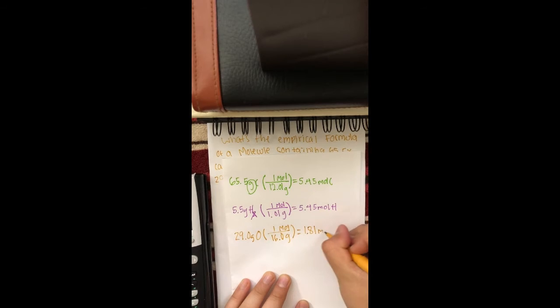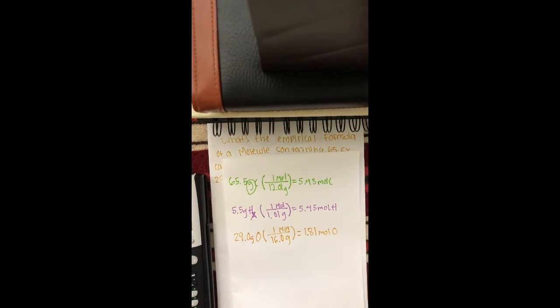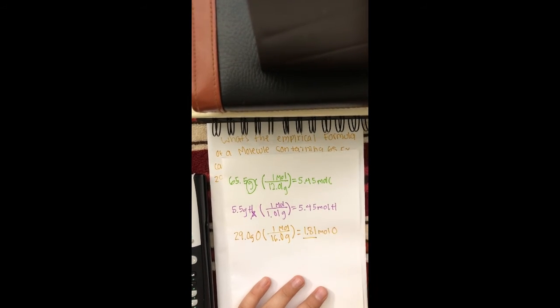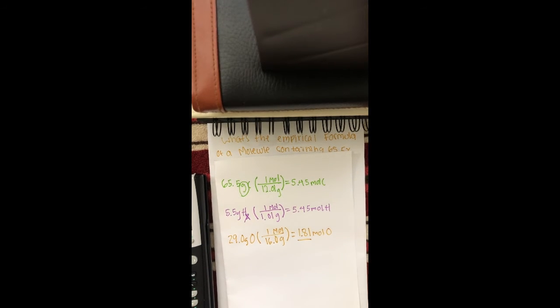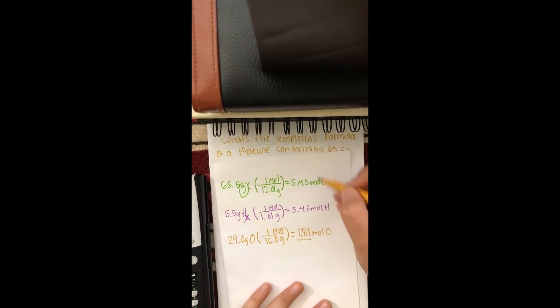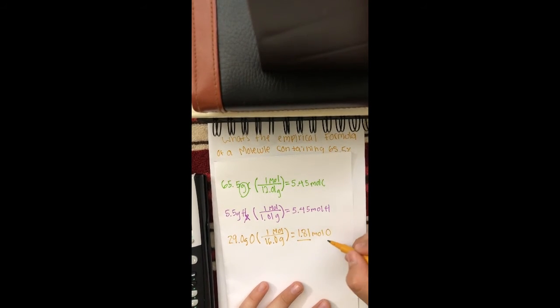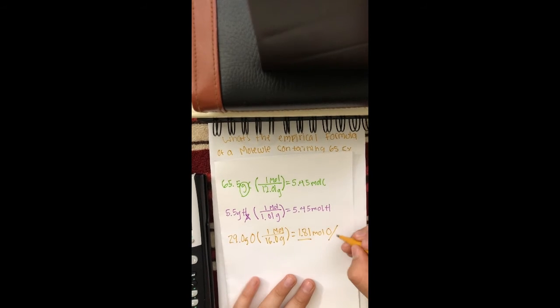So 1.81 moles of O. And since this is the smallest number as our steps say, we're going to divide every single one by the 1.81 because it's the smallest, okay? You can put the moles if you want.